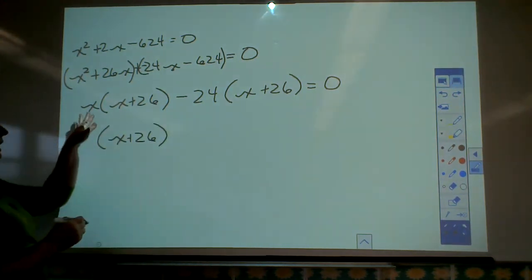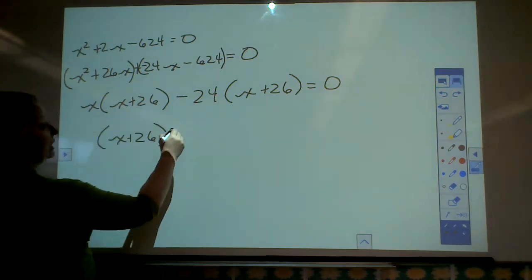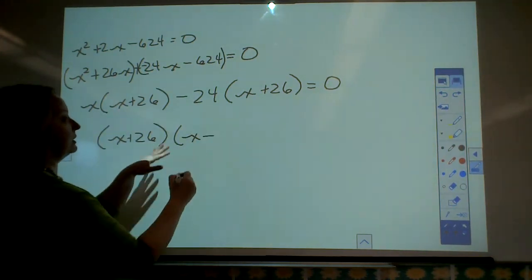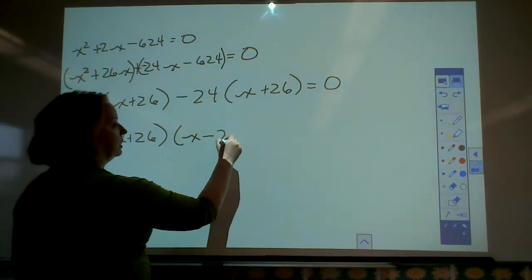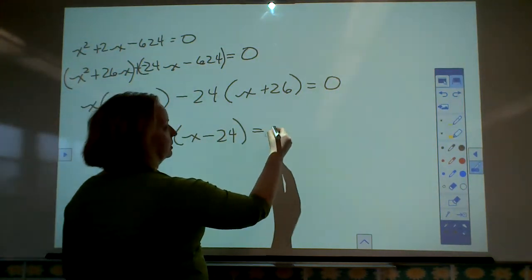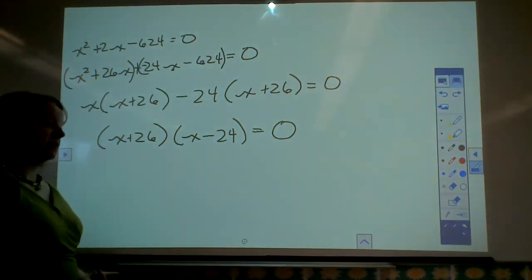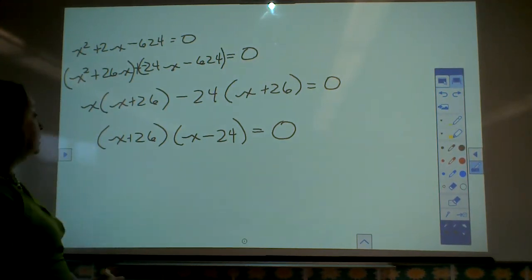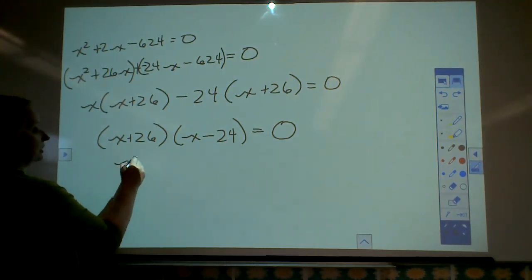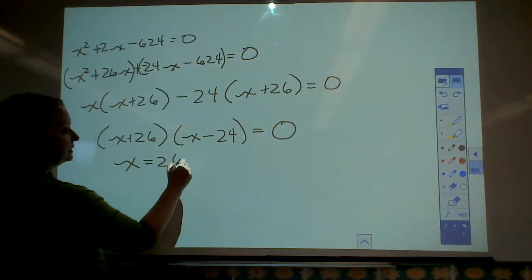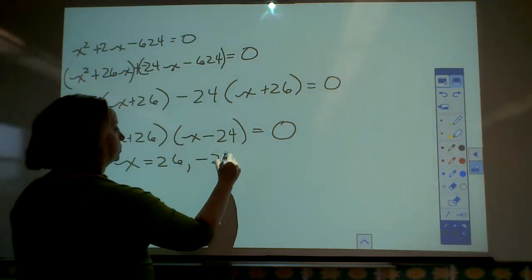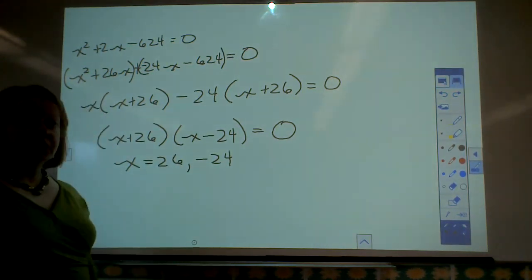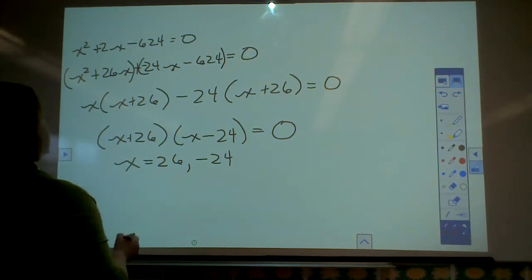So if I take that out of this term here, you're going to get x and then minus, and then I'm going to get the 24 when I take it out of the next term and set it equal to 0. So one of the answers is x is 26, and the other one is x is negative 24. So this is how you're going to find out what the answer is.